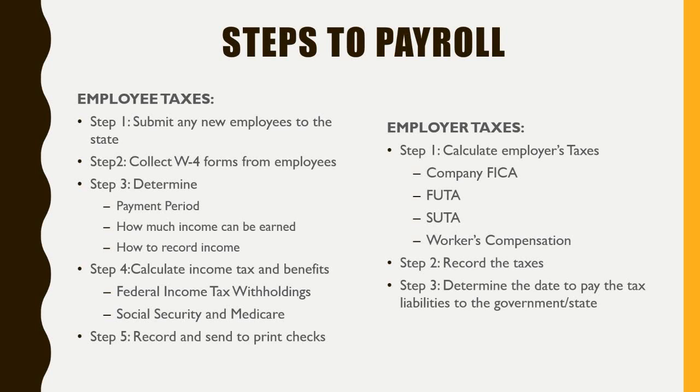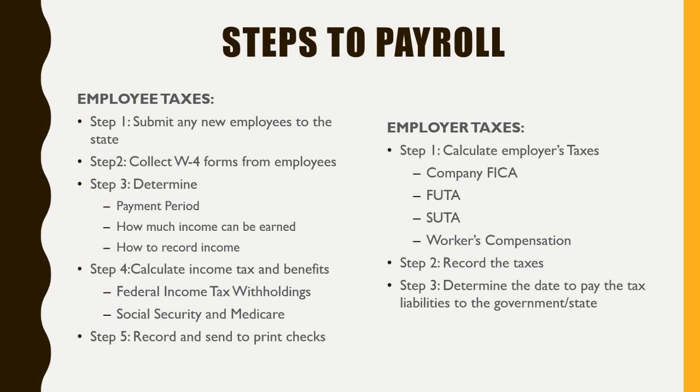So first, the employees. We need to, first off, submit any new employee to the state or local agency that your business is running for, right? Then step 2 is we're going to collect W-4 forms. Step 3 is to determine their actual payroll period and how much you are actually going to pay them.